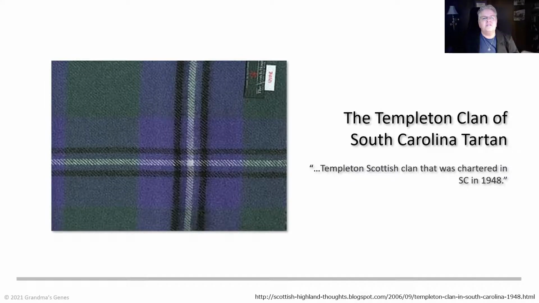Another interesting thing would be my Templetons. We've been talking about them a little bit during this. They chartered in 1948 a Templeton clan, a Scottish Templeton clan. There's even a beautiful tartan, I love that tartan, for the Scottish clan of South Carolina of Templetons.